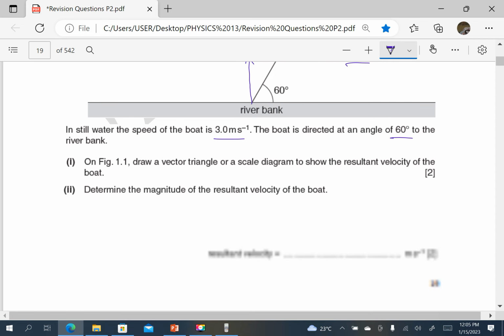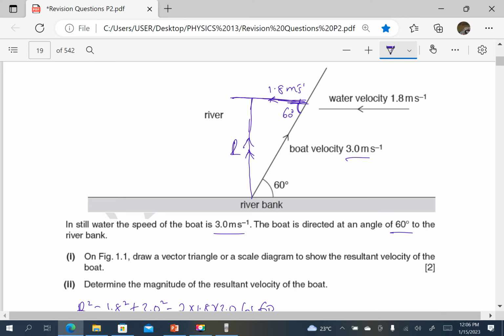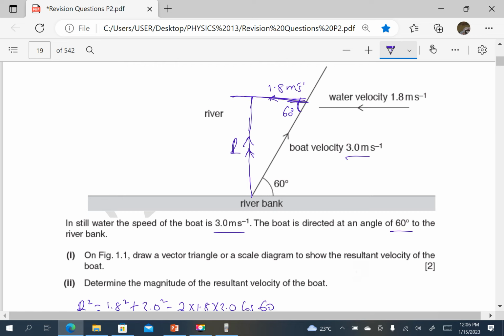So using the cosine rule, I have that R squared is going to be 1.8 squared plus 3.0 squared minus 2 times 1.8 times 3.0 cos of 60, which is the angle between the vectors after joining them head to tail.